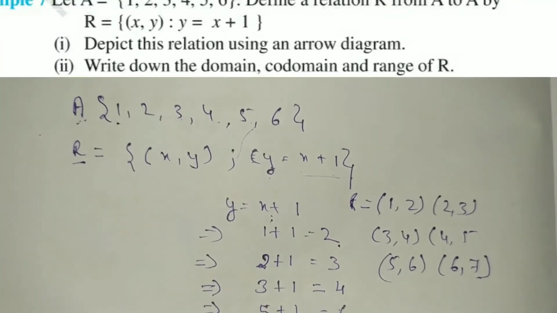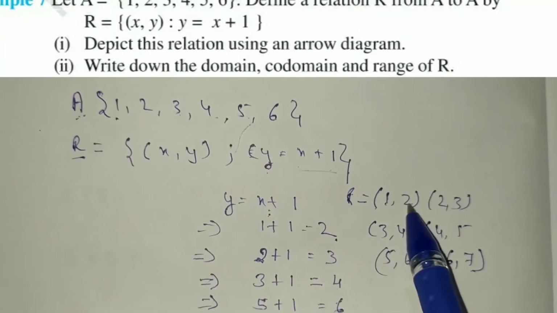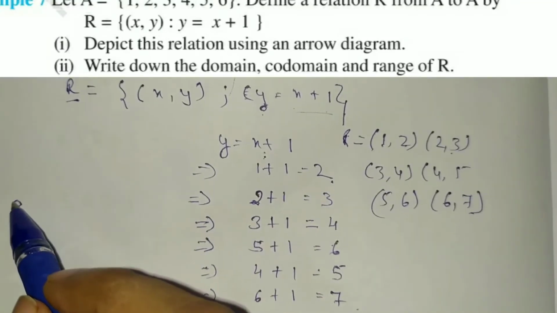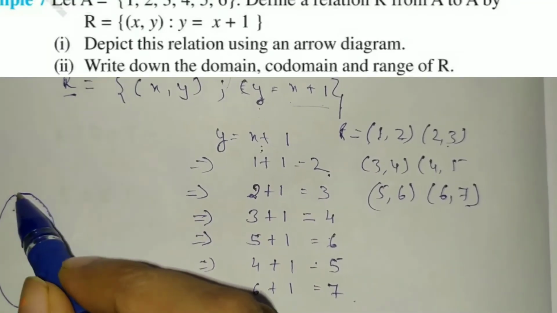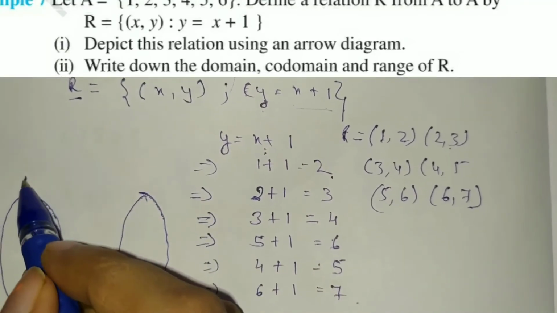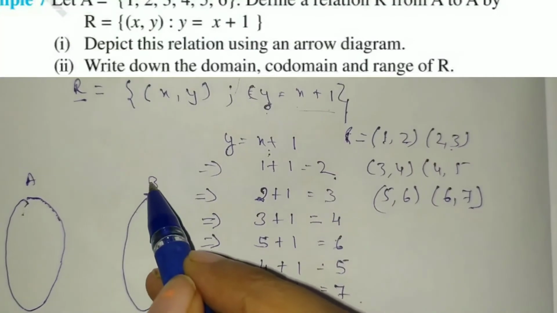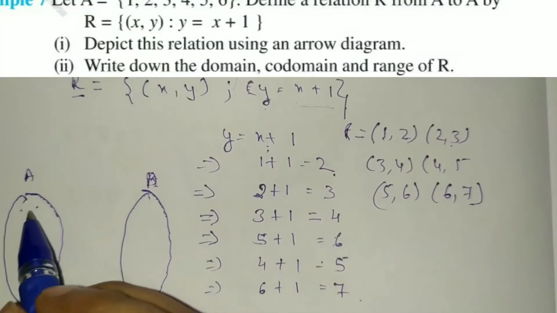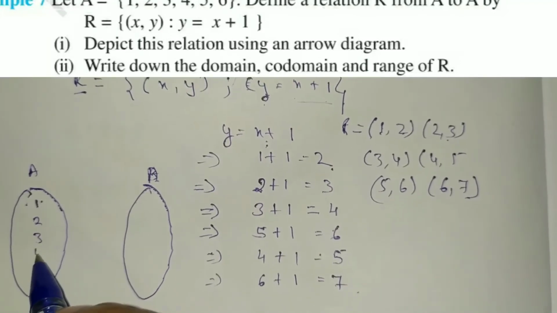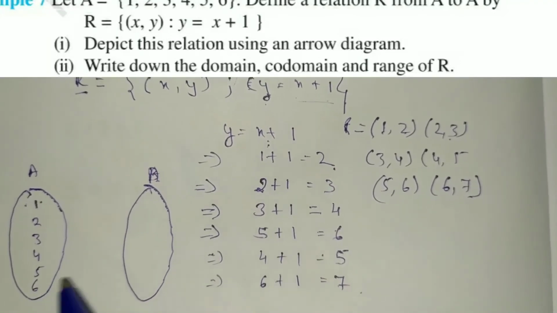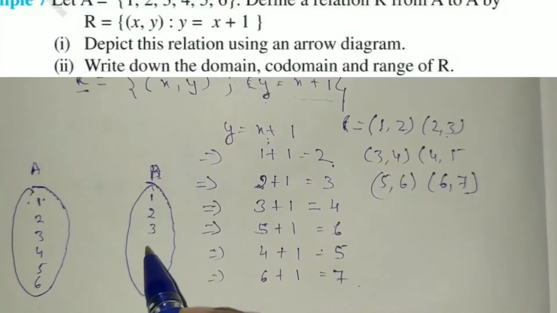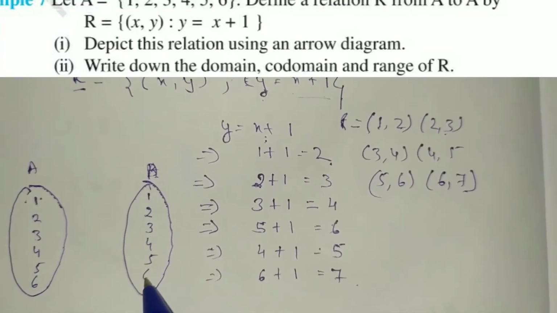Now our next task is to depict this with the arrow diagram. For this we will draw two circles like this, where the values of x are 1, 2, 3, 4, 5, 6 and the values of y are 1, 2, 3, 4, 5, 6, 7.